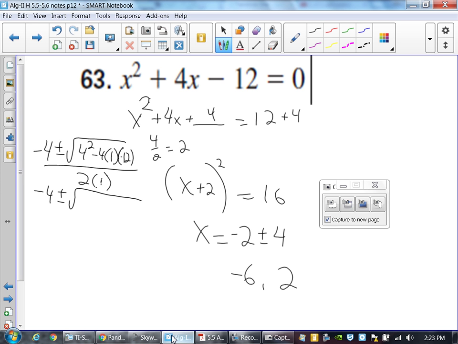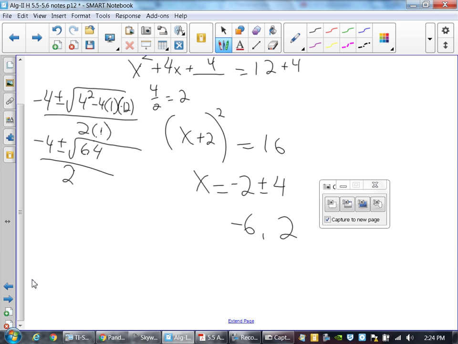Crummy numbers. 16 plus 48 is 64. What's the square root of 64? What's an example of a crummy number? 2.6.